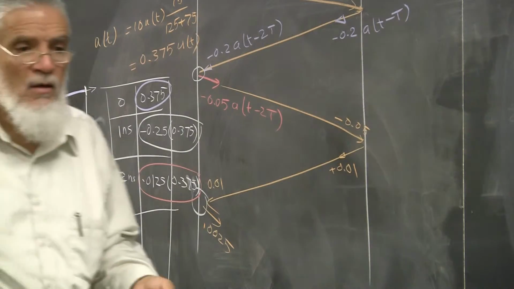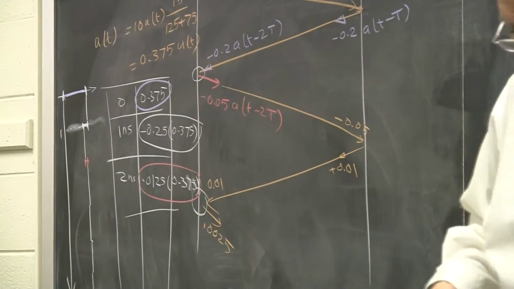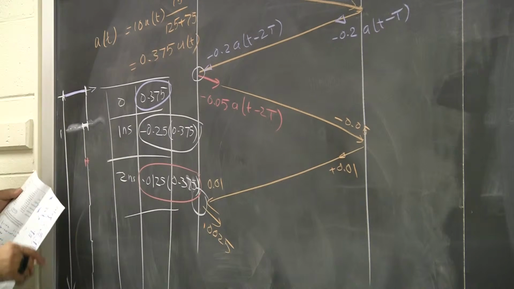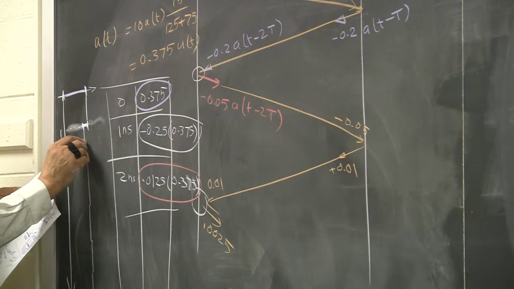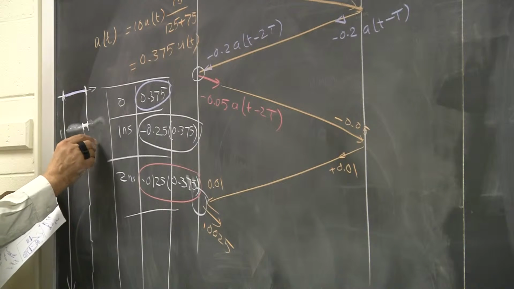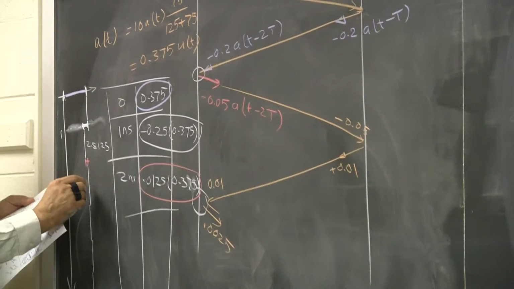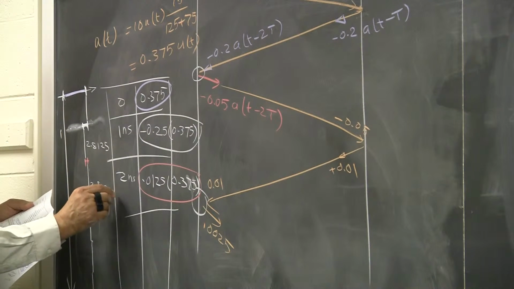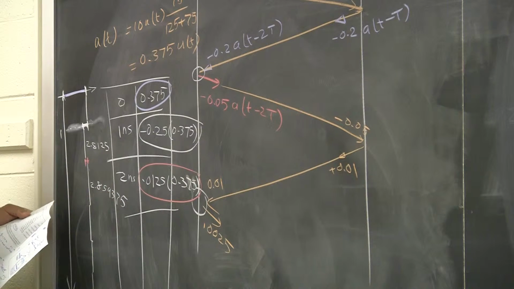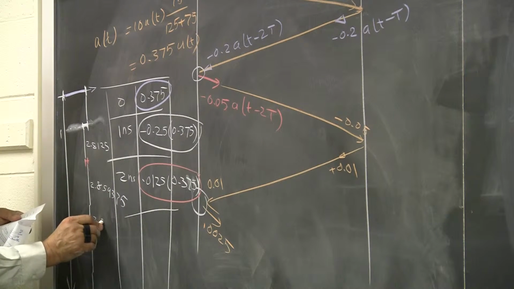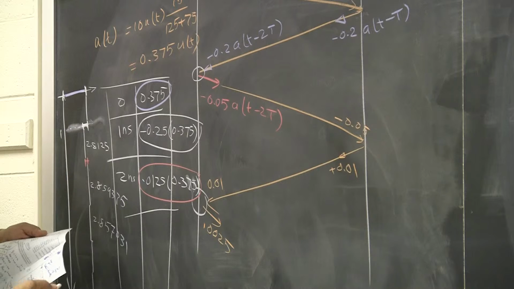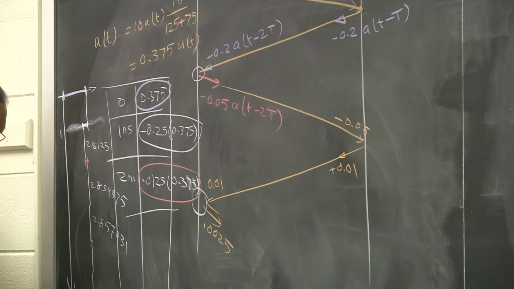Those numbers are, this one ends up to be 2.8125. The next one is 2.859375, if you wish. I got all the digits. Next one is 2.857031. And the final value is 2.857143.